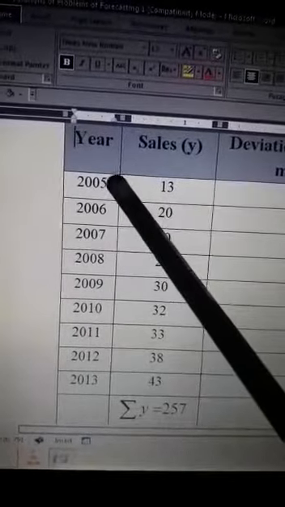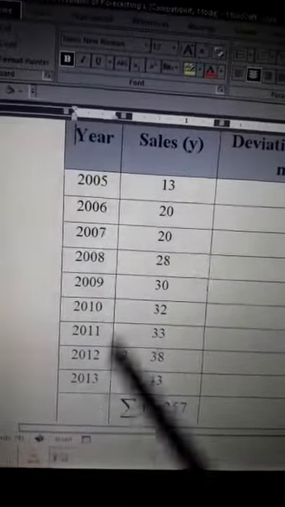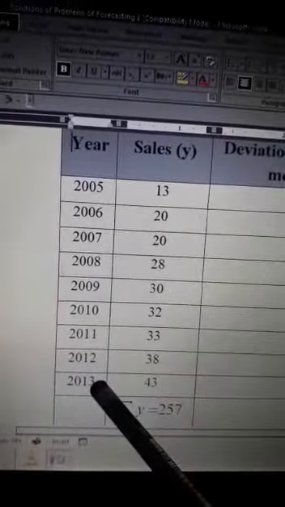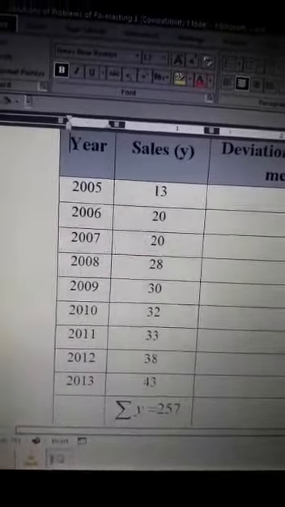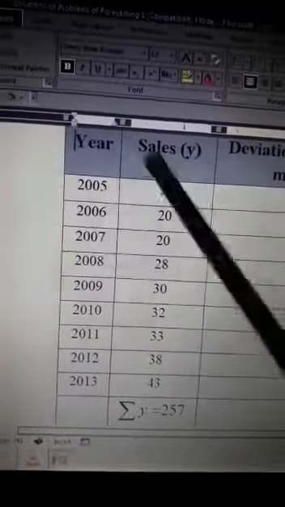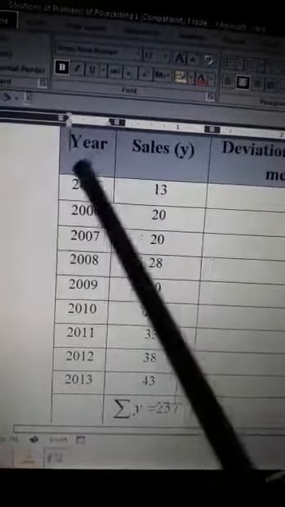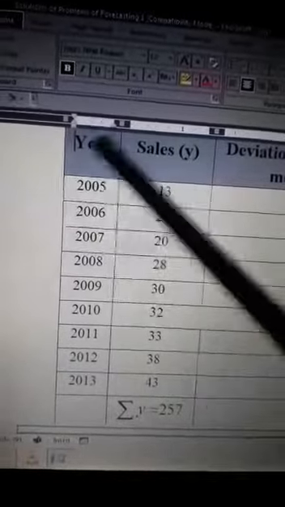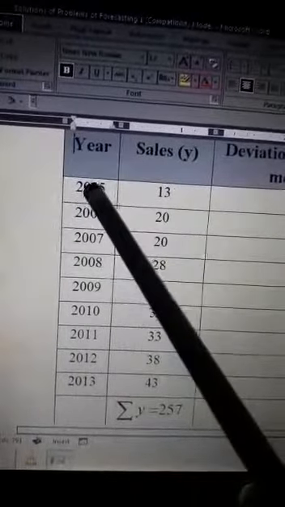If you look carefully, all these time periods are past time periods, previous time periods. We have been given this data, I mean, the actual sales of some previous time periods.